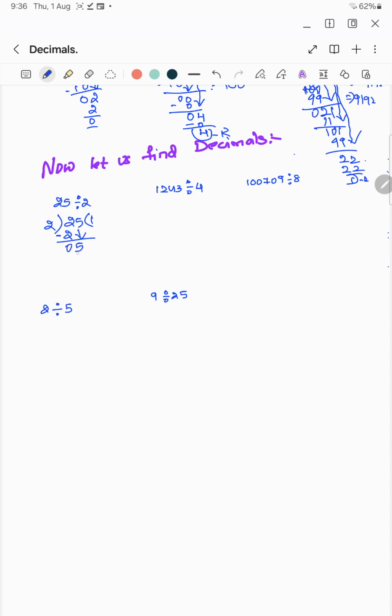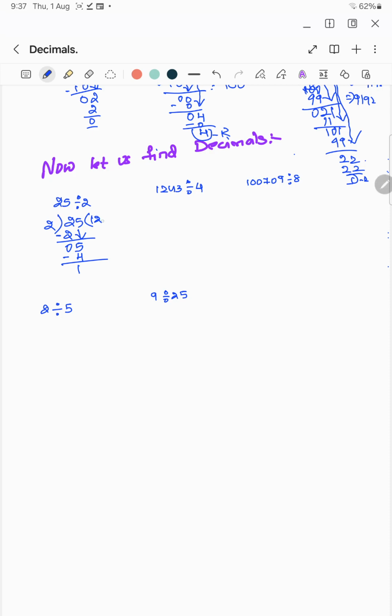Carry down the number. If we carry down a number, we have to find the multiple for that number which is equal to 5 or less than 5. So 2 twos are 4. 5 is not a multiple of 2. So 5 minus 4 equals 1. So we got the remainder 1. If we get any remainder other than 0, then we can write this number in decimal form.